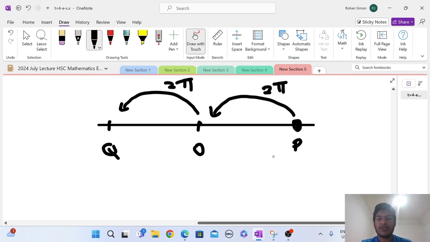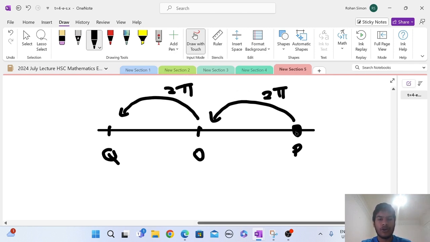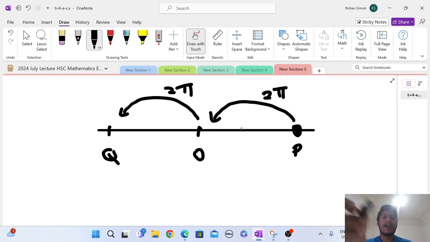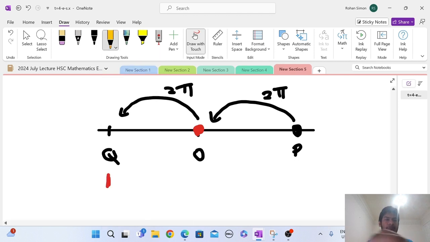Okay, so from P to O is 2 pi seconds, O to Q is also 2 pi seconds. By the time the red particle, the first particle, is at O, the second particle is released from P. So by the time the first particle is at Q, the second particle is at O. Maybe I'll use a different color, let's use yellow.